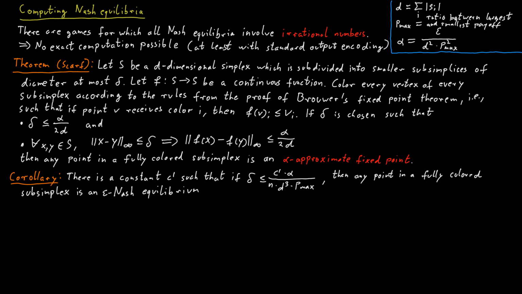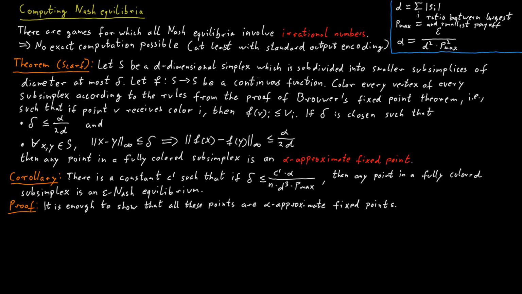And if delta is small enough, then in fact we get these Nash equilibria that we were looking for. The proof of this corollary is not too difficult. It is enough to show that all the points in this fully colored subsimplex are alpha approximate fixed points of the function.